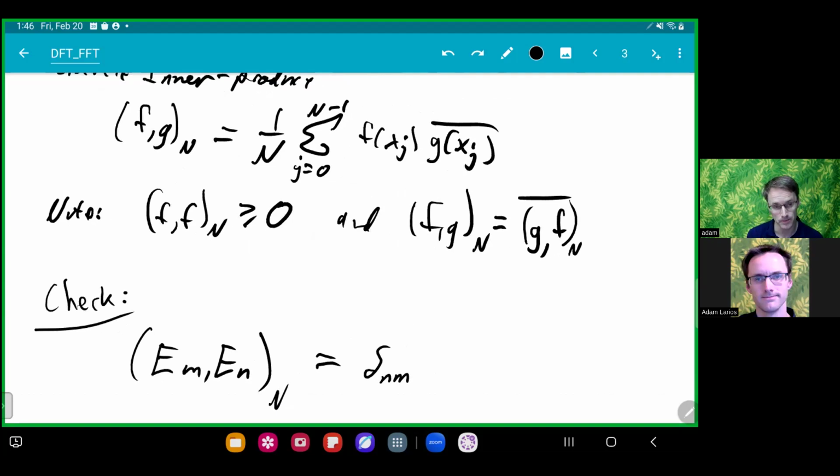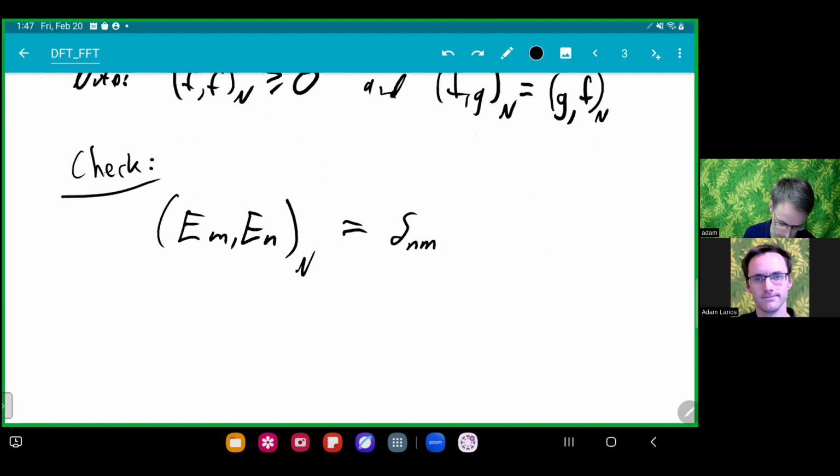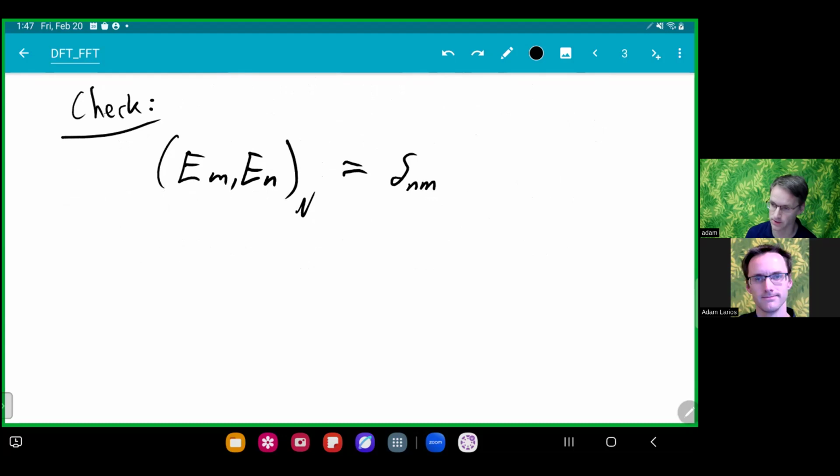If they are equal, then the product will be e to the i nx times e to the minus i nx. That's e to the 0, which is 1. So you'll just add up 1 going all the way around the unit circle. We're going from 0 up to n minus 1, so that's n terms. So we get a factor of n, and we divide by n, and so we just get a 1. So we have the same type of orthogonality property for these basis functions that we had in the continuous case.